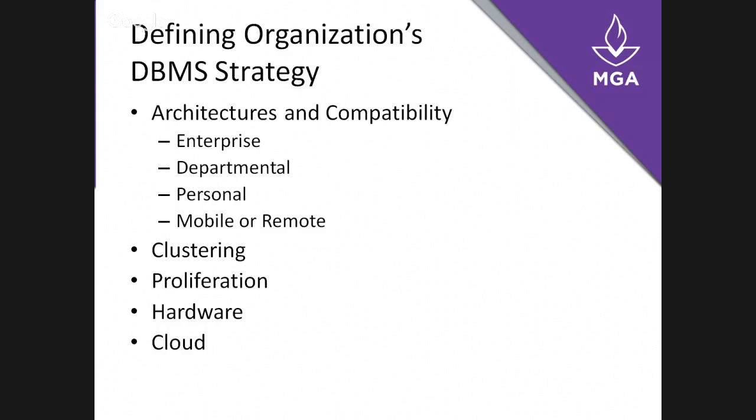Well, considering they bought it, we might very well acquiesce to this, or we may not have the manpower to support another system. It all really kind of depends. That's why you have strategies in place.